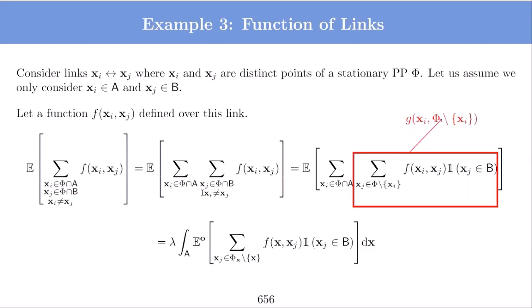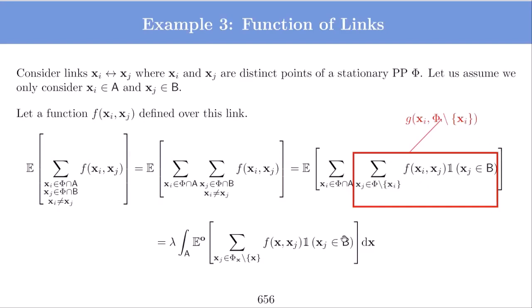I've taken the first point first, and then the second summation is over all points of the second endpoint. Okay. Now, if you look at the whole thing, this is a summation over all xj's in phi, excluding xi, and this is some function.